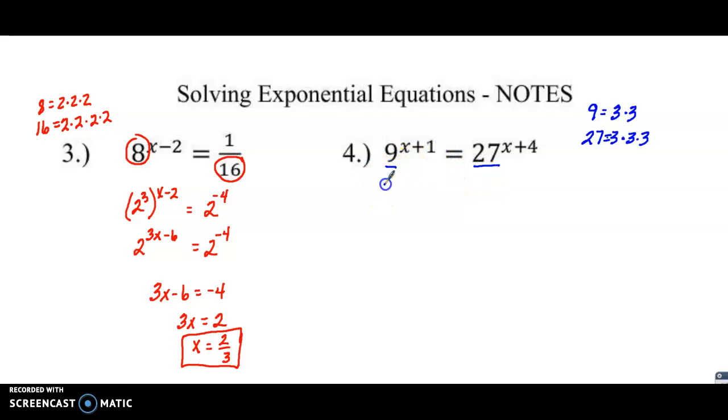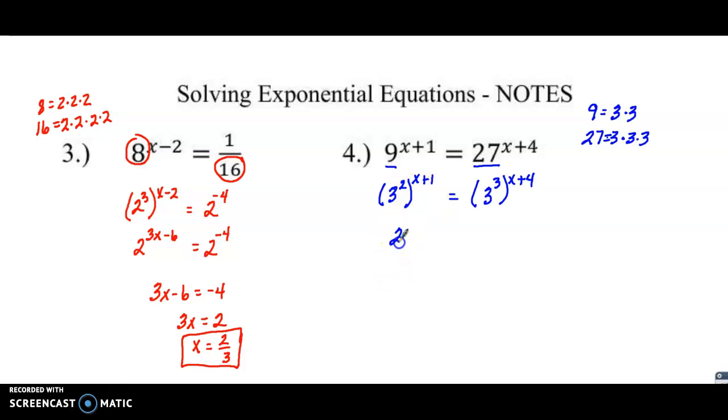So we can rewrite those. 9 is 3 squared, raised to the x plus 1. 27 is 3 cubed, raised to the x plus 4.